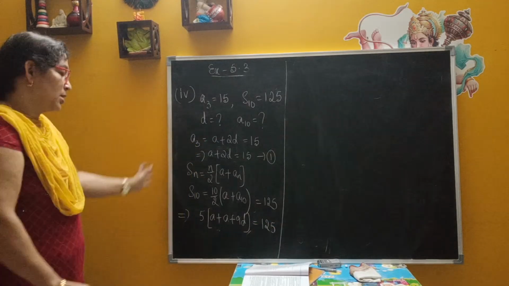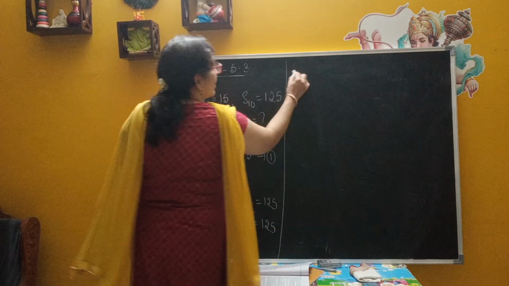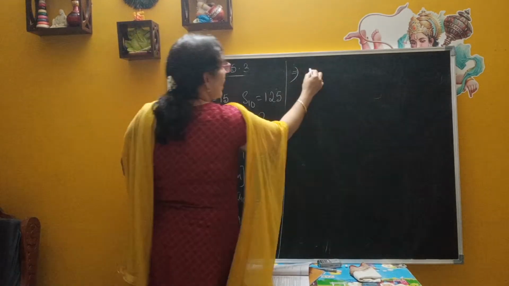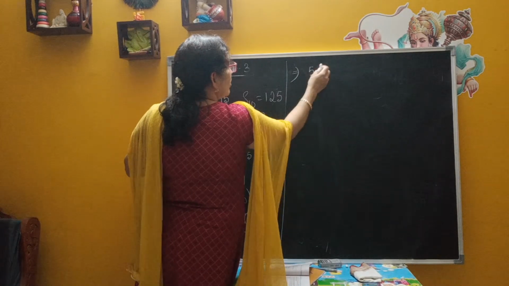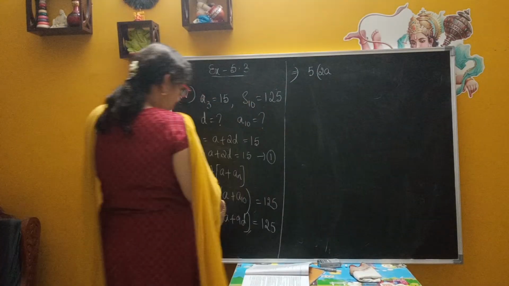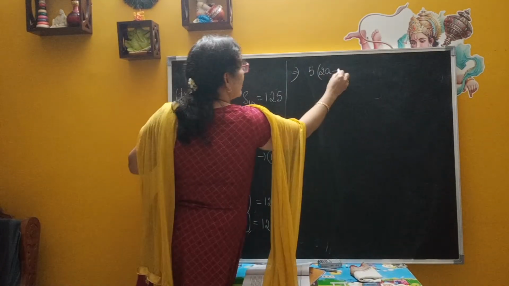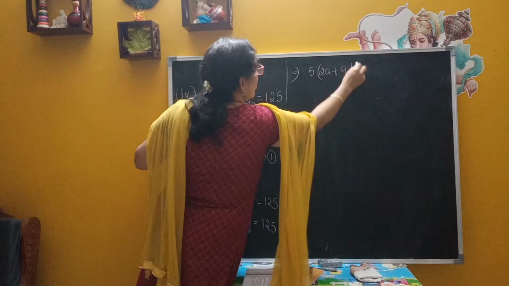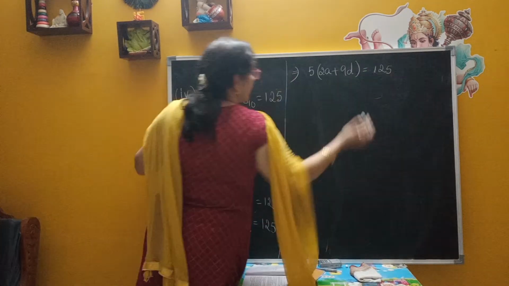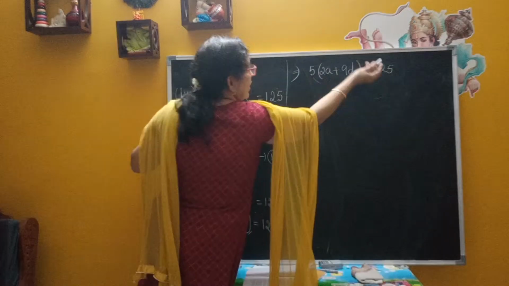Simplify this. That is 5, this implies 5 into A plus A, it is 2A. Okay, 5 into 2A plus 9D is equal to, what do we get? 125. I divide 125 by 5.